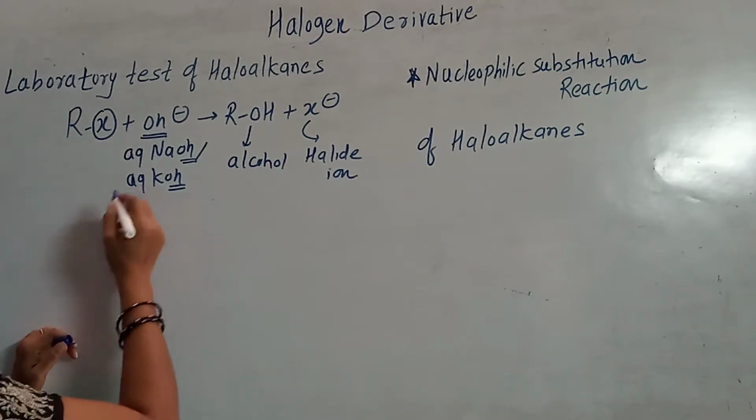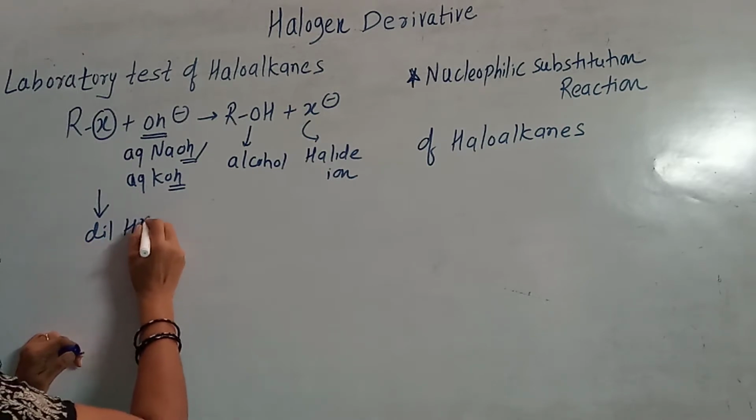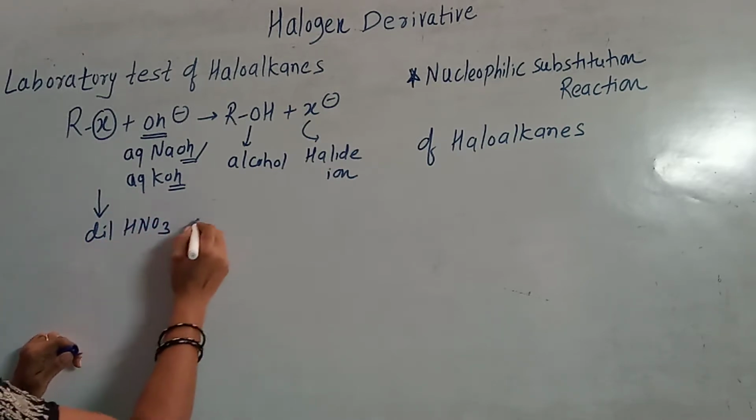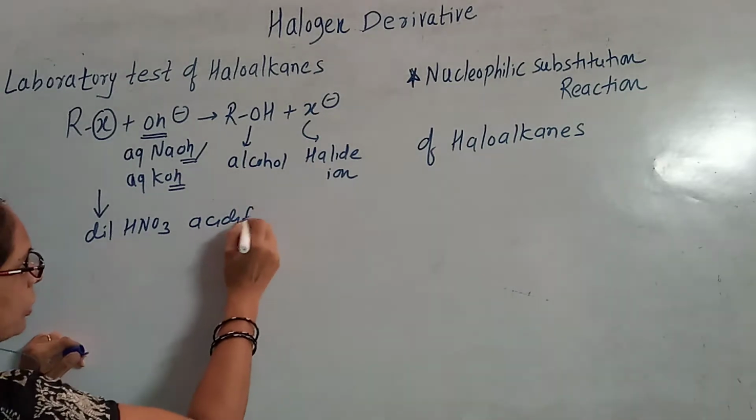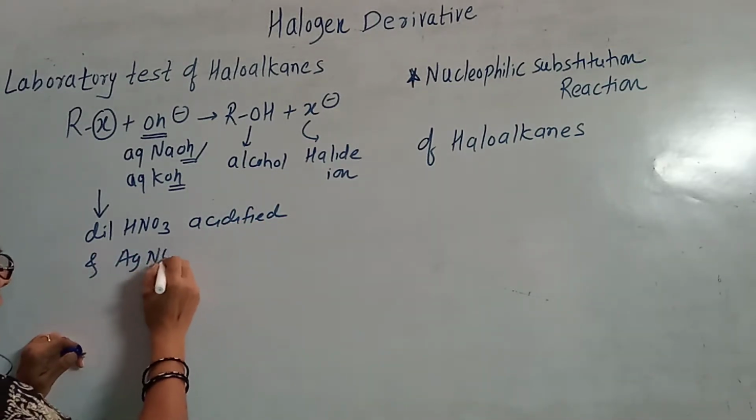In this substitution reaction, the mixture is first acidified with dilute HNO3 and then reacted with silver nitrate.